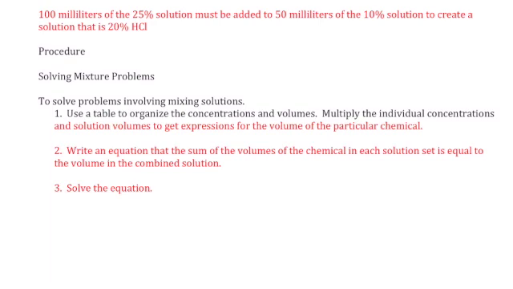Write it down. Number 1, use a table to organize the concentration and the volume. Multiply the individual concentrations and solution volumes to get expressions for the volume of the particular chemical. Number 2, write an equation that the sum of the volume of the chemical in each solution is equal to the volume of the combined solution.